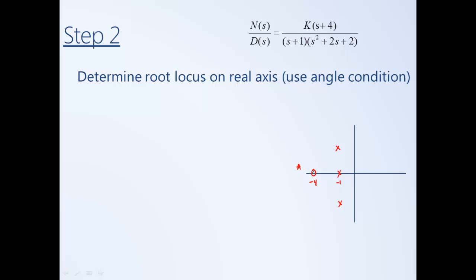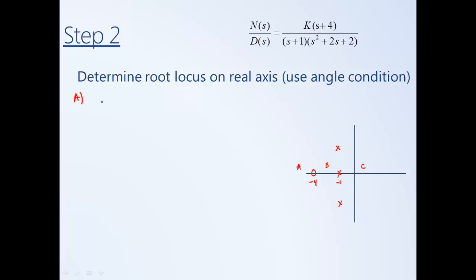We have the region to the left of the zero, the region between the zero and the pole, and the region to the right of the pole. We want to test each of these 3 regions by picking a point in each and testing whether or not it satisfies the angle condition. Because we know that any value of s that's on our root locus, that is a closed loop pole location for some value of k between 0 and infinity, must satisfy both the angle condition and the magnitude condition.